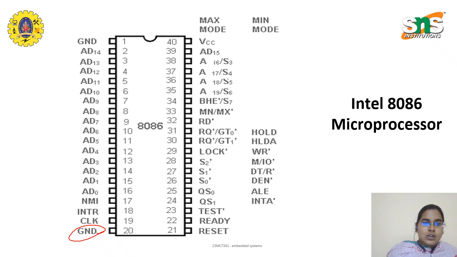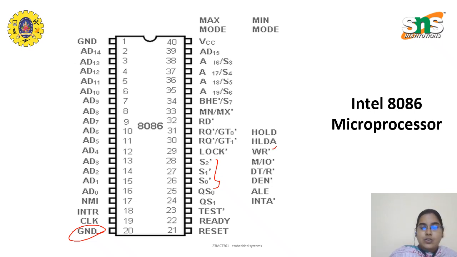AD stands for address data bus, and S0, S1, S2 are the signal status. We have the hold signal to indicate the instructions to hold for a while, and hold acknowledgement acknowledges that it is ready to perform next.